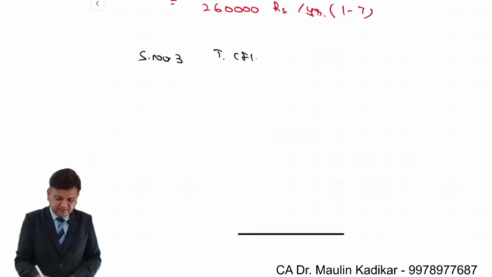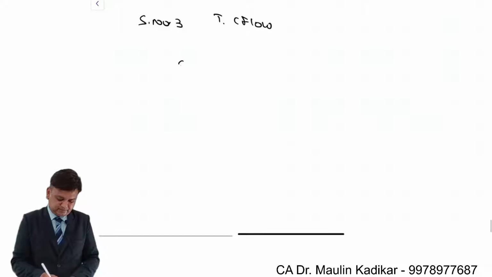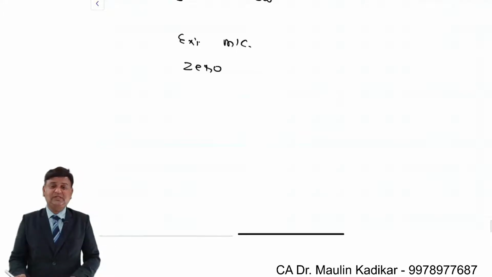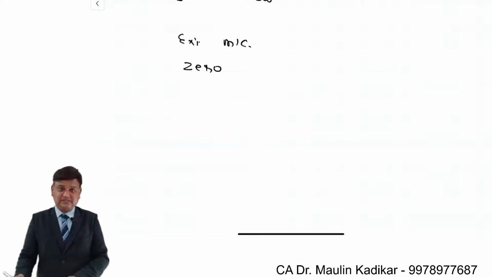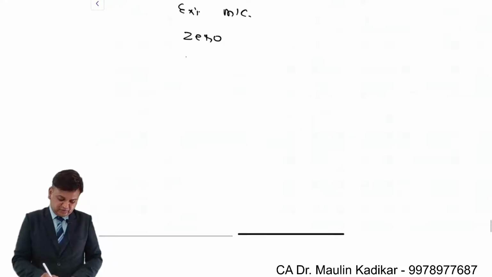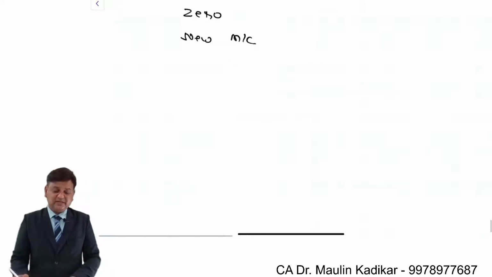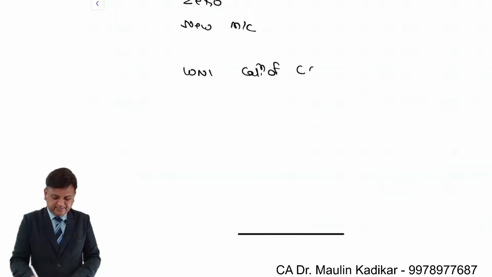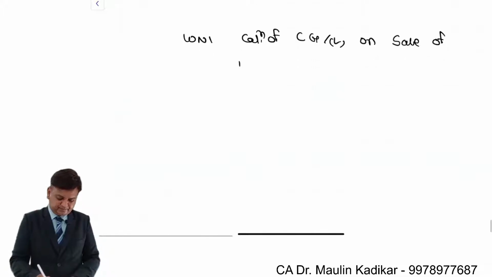Step number 3, terminal cash flow. For the existing machinery it is 0 because it does not have a scrap value at the end of the 7th year. For new machinery, again working note number 1, calculation of capital gain or loss on sale of machinery.